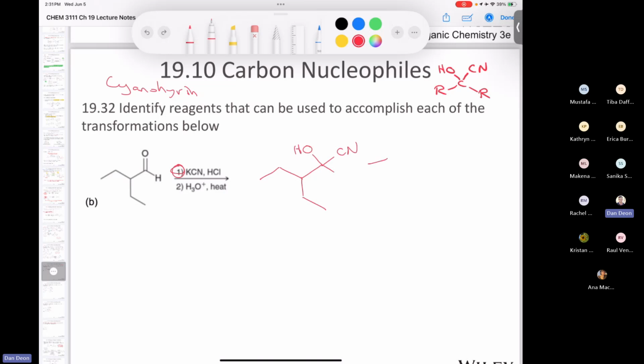We said we could treat this with lithium aluminum hydride, which is not part of this question. But if you do that, then you would reduce the nitrile to a primary amine.